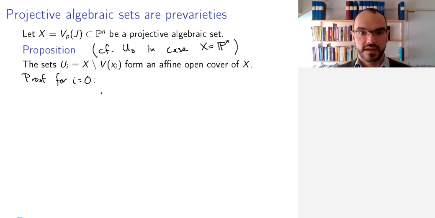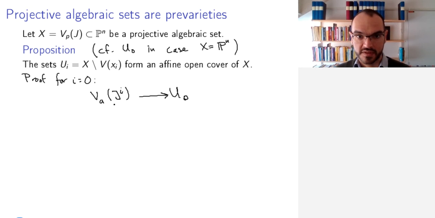Well, then we have the following maps from the affine zero set of the inhomogeneous ideal J^i, the dehomogenization of J, to U0. And now i is 0, so this superscript i is for inhomogeneous, it's not the index i. And the way you do this is you send, in the same way as always, such a point to the point (1, x1, ..., xn).